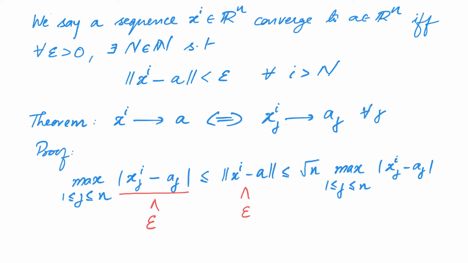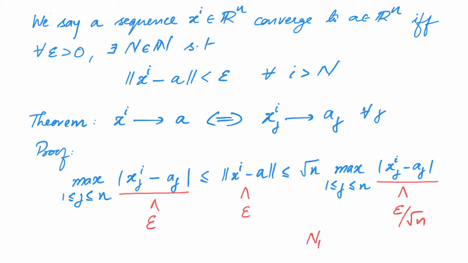Now let us prove the other implication. That is, we are going to assume that xij converges to aj. Which means you can find a capital N such that whenever i is greater than capital N, this quantity is less than or equal to epsilon by root n. Now there is some subtlety here.